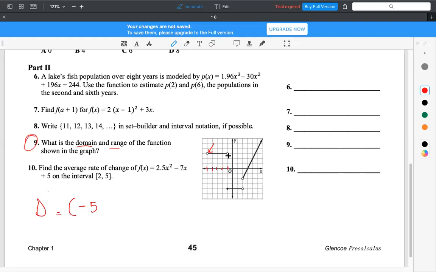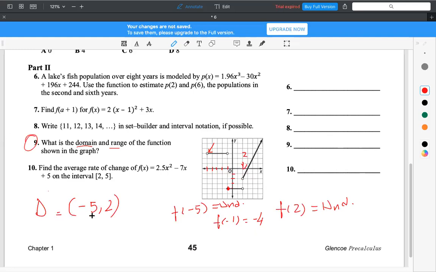Normally it's open, but when I check it, when x is -1, it is not here but it is down here. It is defined. f of -1 is -4. f of -5 is undefined. Then -1, 0, 1, till 2, everything is defined. But what about 2? f of 2 is undefined. Why? There is nothing here.